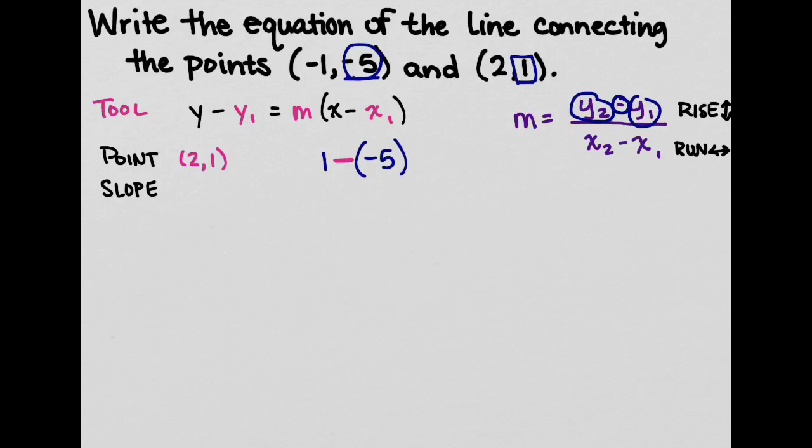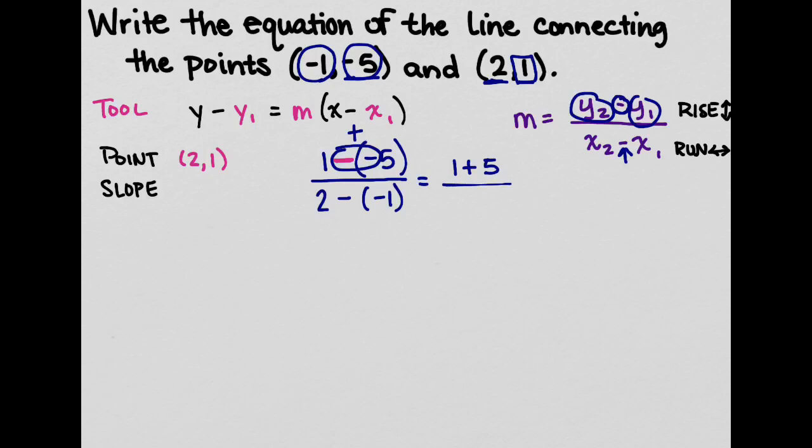Then whatever x value goes with the 1 is the x value that goes first, which is 2, minus, and the other x value is -1. Notice I always write minus before I even look at the other x value because the formula has a minus in it. However, when you do minus a negative, that turns into plus.